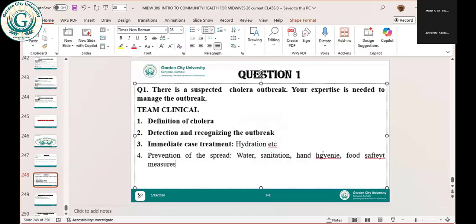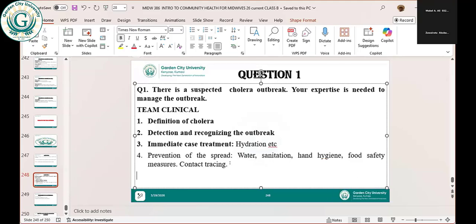Then what again? Part of the prevention of spread is contact tracing, where we trace all the people that came into contact with those confirmed to have cholera. Then we test them and quarantine them till the incubation period. Contact tracing. Then what again?